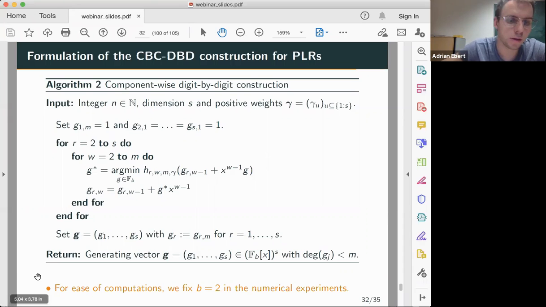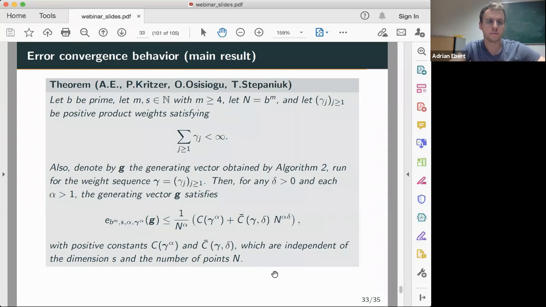Right, and this algorithm can therefore, in the same way again, be implemented in a very fast way. And usually what we do is we fix, for our later numerical experiments, the base b to be equal to 2 because it simplifies some computations. Yeah, and a very similar statement holds also with respect to the error convergence behavior.